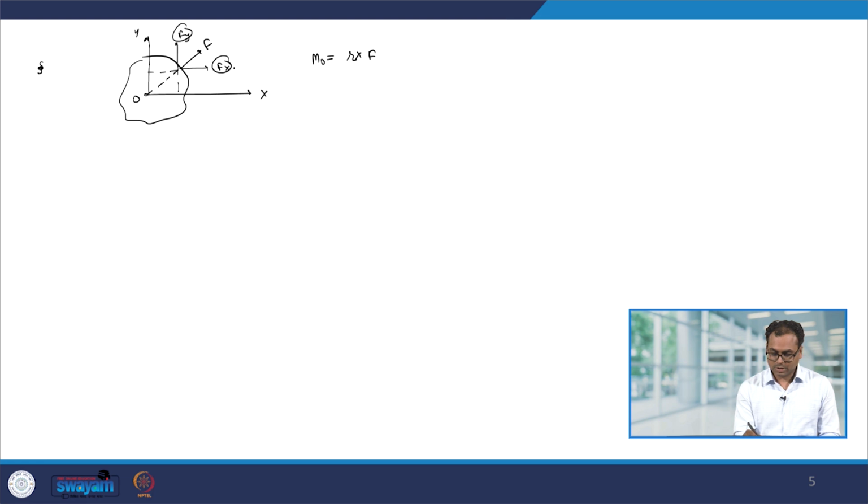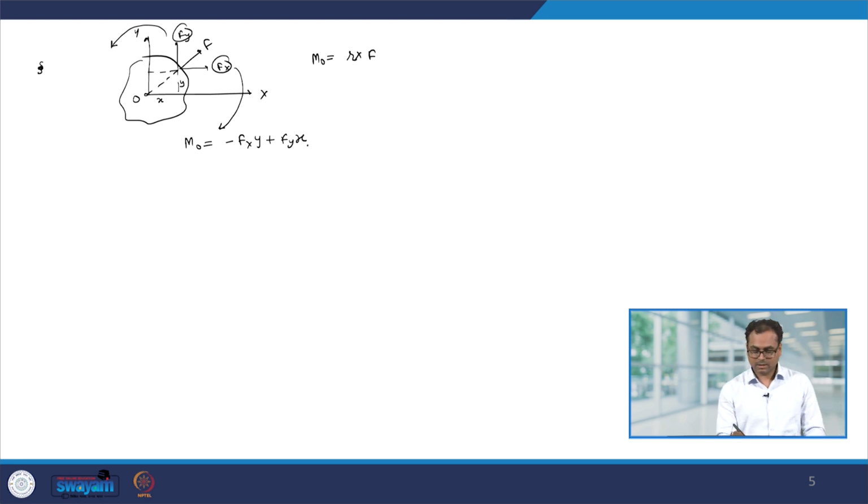About O, this Fx has a tendency to rotate the object in this direction, and Fy has the tendency to rotate the object in that direction. Now, this Fx has a tendency to rotate it in the clockwise direction, so it will be negative. Therefore, the moment will be minus Fx into the perpendicular distance, which is y, and this one is x. So, it will be minus Fx y plus Fy x.